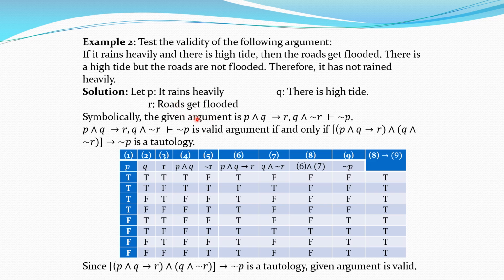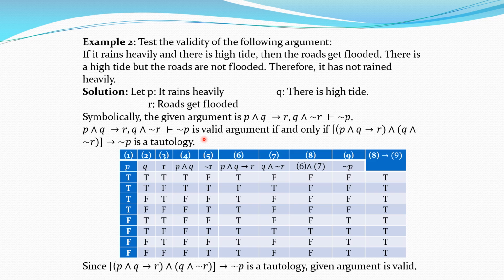So this is one premise, we consider it as P1 and this as P2 and this is our C. So again by using truth table method, P1 and P2 implies C. If it is a tautology, then the argument is valid. Otherwise, it is invalid. So P1 is P and Q implies R, and P2 is Q and negation R, implies C is negation P. So if it is a tautology, then the argument is valid.